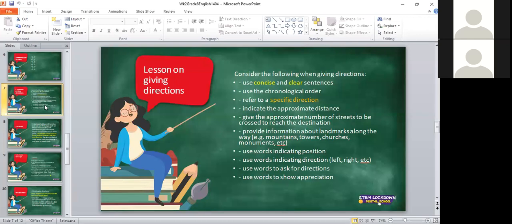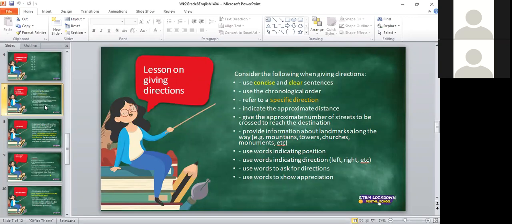When you give directions, these are the things you consider. Remember, in our previous exercise, we said you be clear and you also be short. So the first pointer is you use concise and clear sentences.